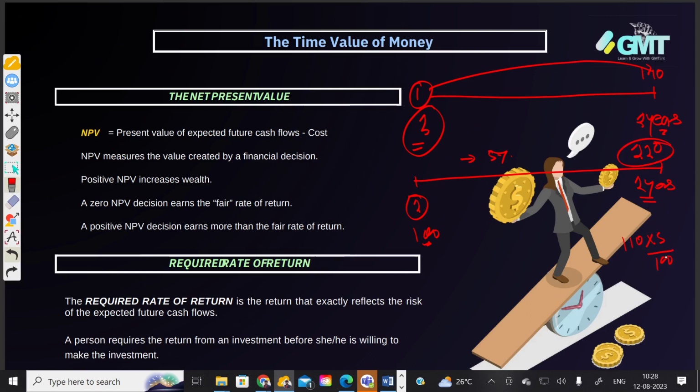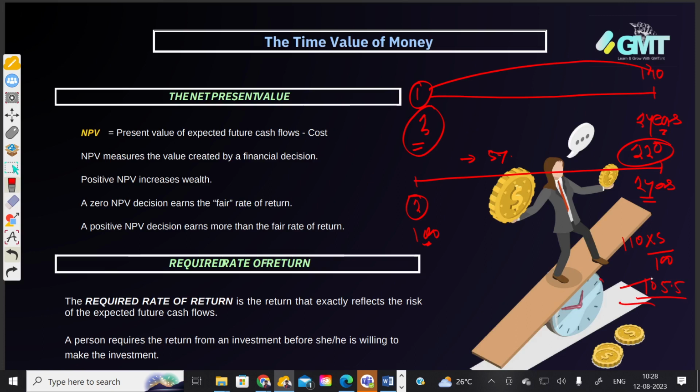Just calculate it. 110 into 5 divided by 100 is 5.5, so 105.5 should be the actual value of the investment.